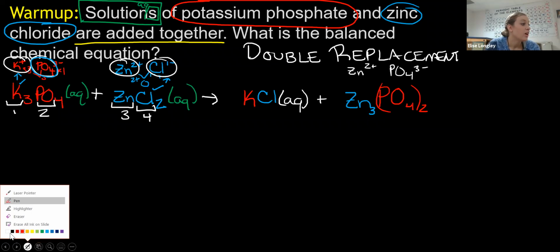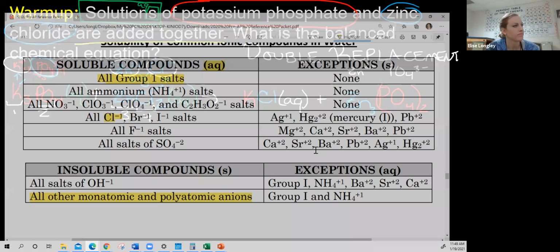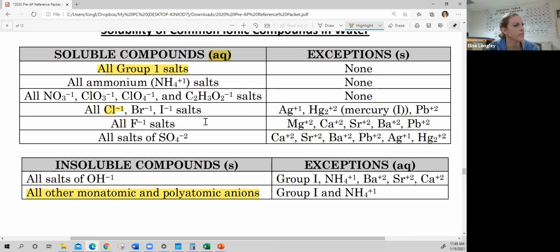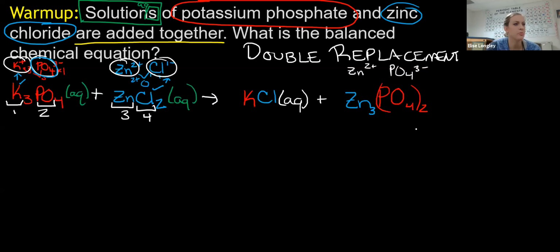Last question. What phase is this? Zinc phosphate. Zinc, I don't see up here. Phosphate, I don't see up here. So which rule applies? It's insoluble because all of their, wait. Insoluble, what phase state? Insoluble equals what?